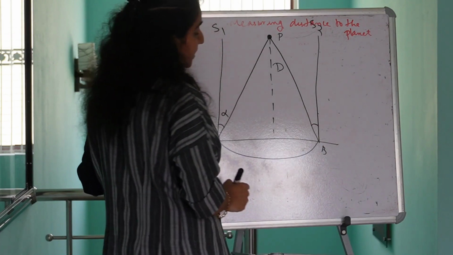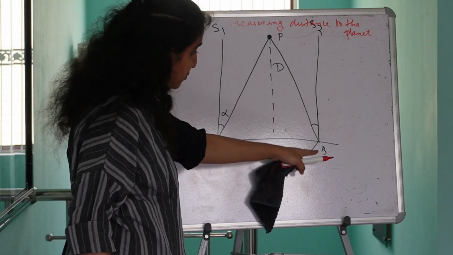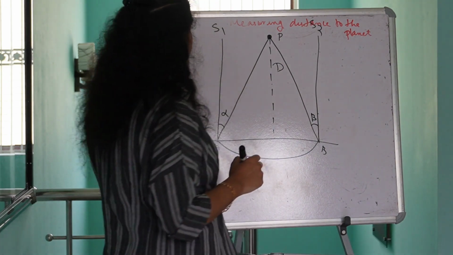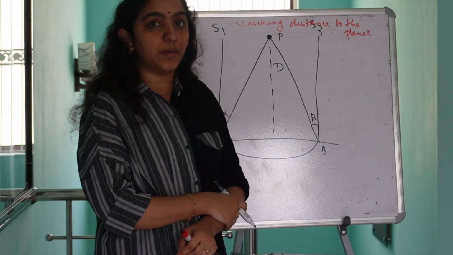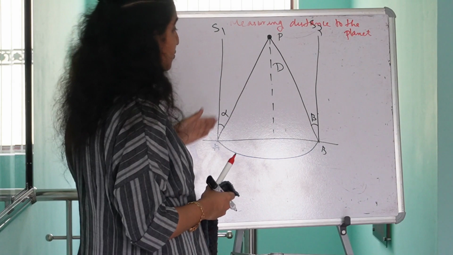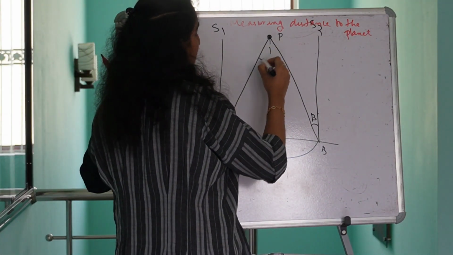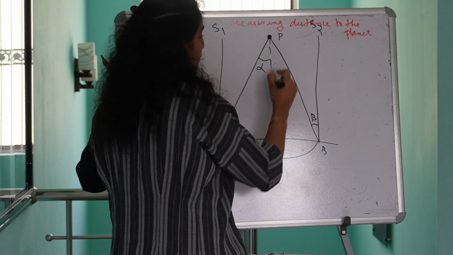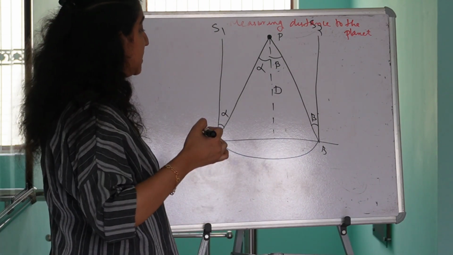The angle formed between the incident ray of the star S2 and the line of sight of point B is beta. The incident ray and this dotted line are a pair of parallel lines, and this line of sight is a transversal which cuts through these 2 parallel lines. So a pair of alternate angles are formed, and alternate angles are always equal to each other. So I got the parallax angle theta, that is equal to alpha plus beta.